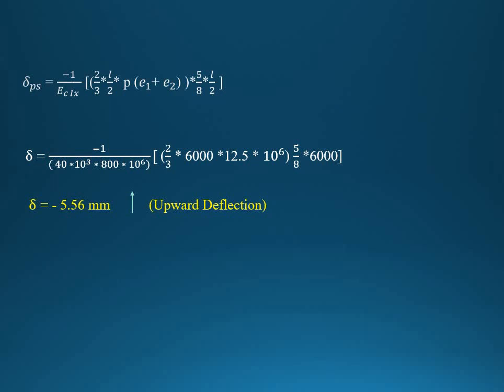So I have written minus 1 by EC into IX into area, which is 2 by 3 into length into height, into centroidal distance, which is 5 by 8 into L by 2. Now substitute all the values along with the sign, we will get delta as minus 5.56 mm, and it is acting upwards, or it is an upward deflection.